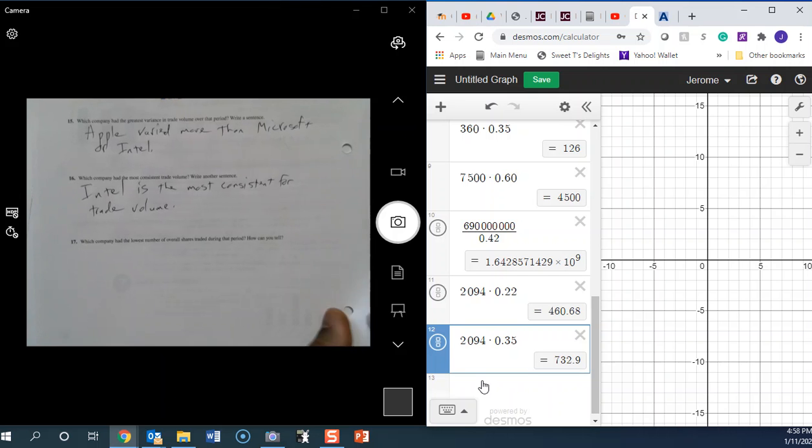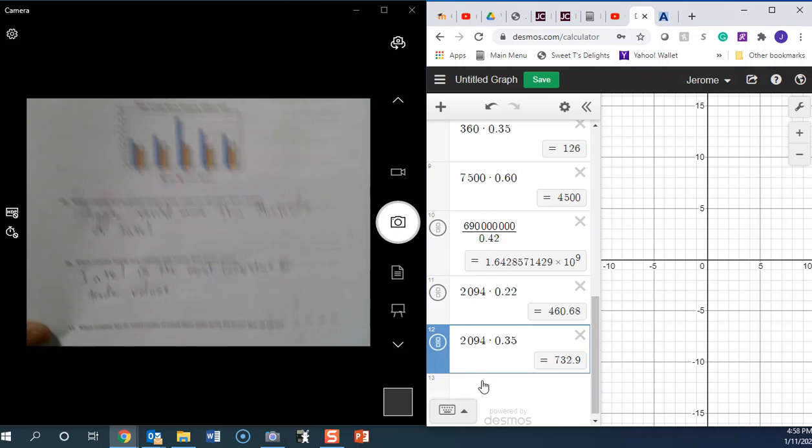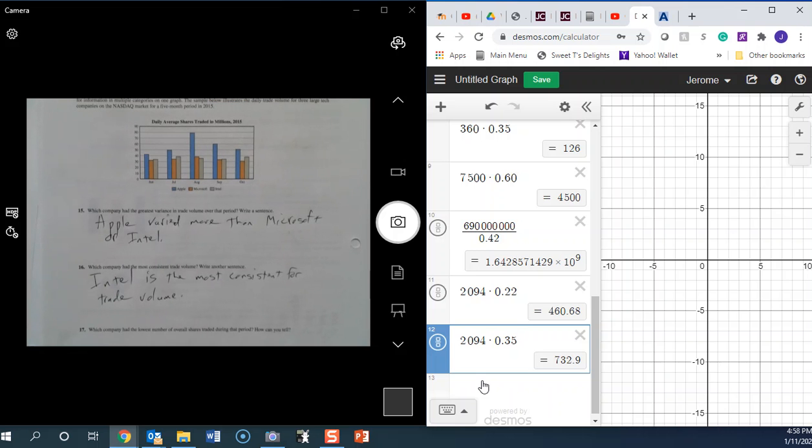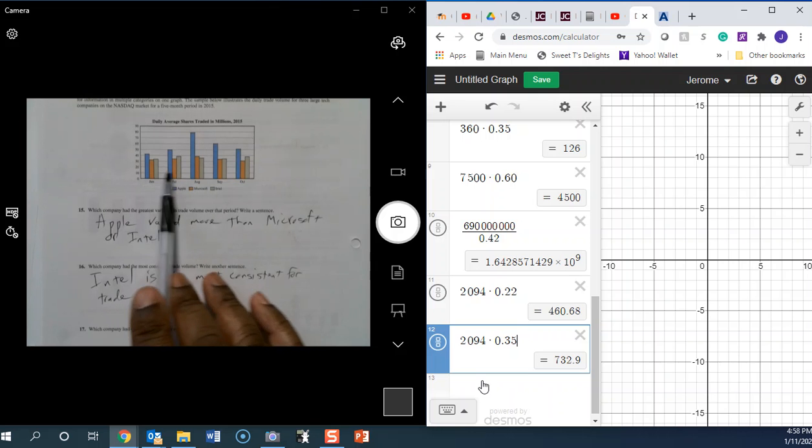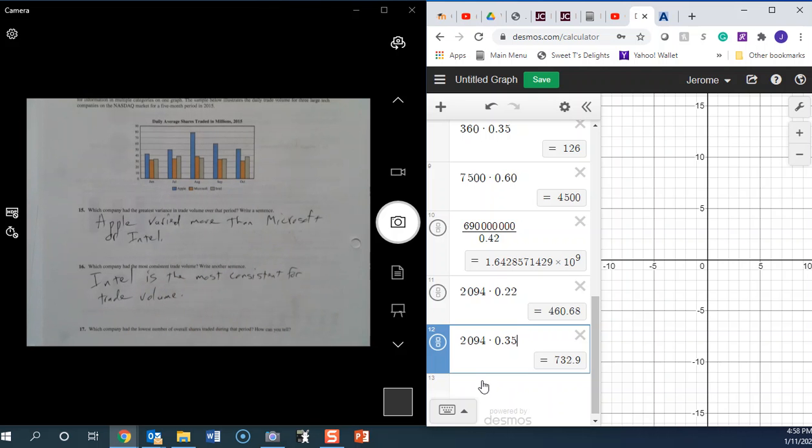Okay, now problem 17. Which company had the lowest number of overall shares traded during that period? How can you tell? Okay, now, if you look here, the company that looks like the lowest is Microsoft, because except for in one place here, Microsoft was always the lowest.